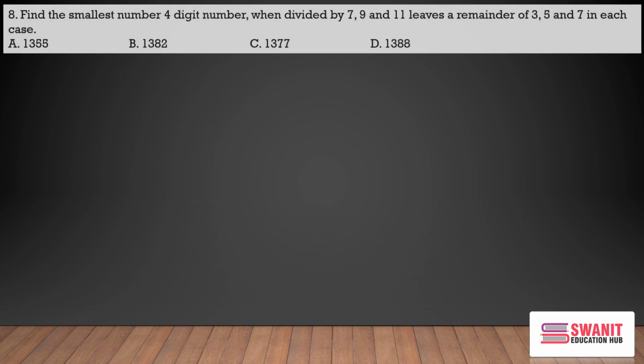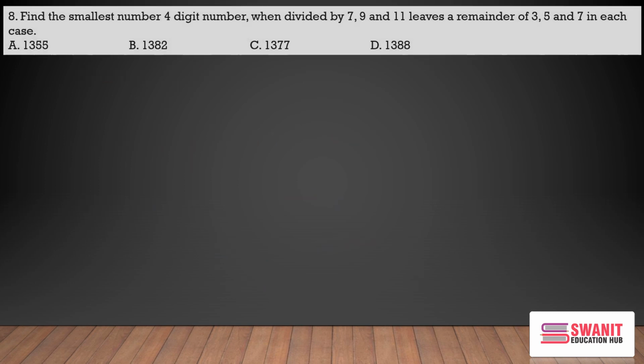Another question: find the smallest four-digit number which, when divided by 7, 9, 11, leaves a remainder of 3, 5 and 7 in each case. Now this is a very interesting and important question from HCF LCM. When a number is divided by 7, 9 and 11, the remainders are 3, 5 and 7.